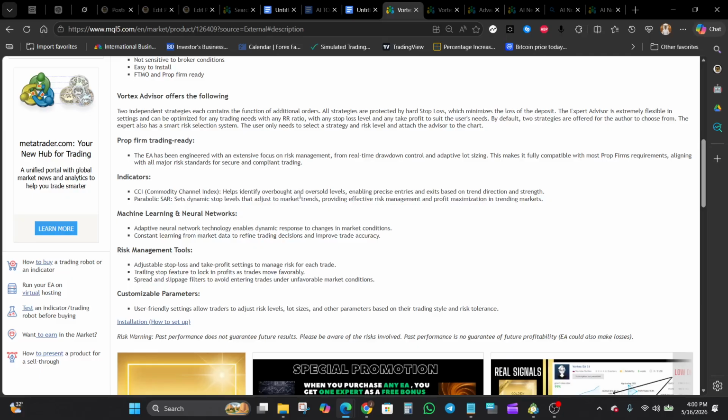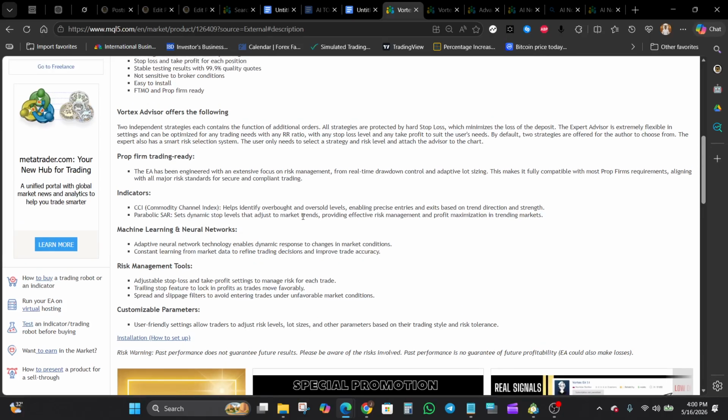Another major part of the description is the integration of machine learning and neural network technology. The developer states that the EA continuously analyzes both historical and live market data to adapt to changing conditions and refine trading decisions over time.